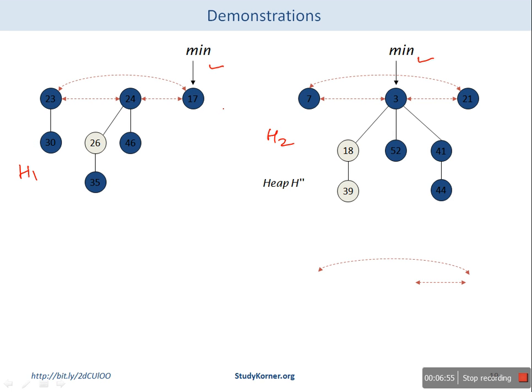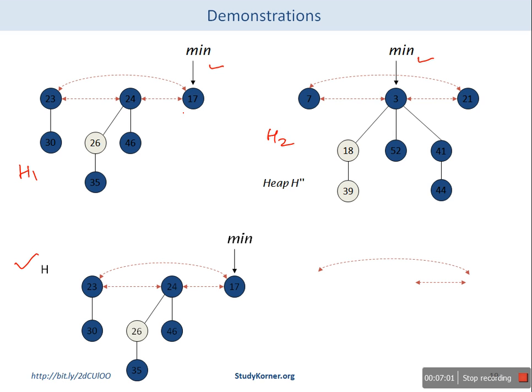To create a united Fibonacci heap, we create an auxiliary heap H and copy H1 inside it. So H1 is copied here, and min is updated. Min of H is min of H1. So this is my min of H1, and this is min of H.